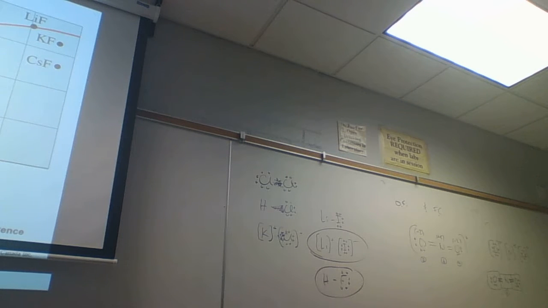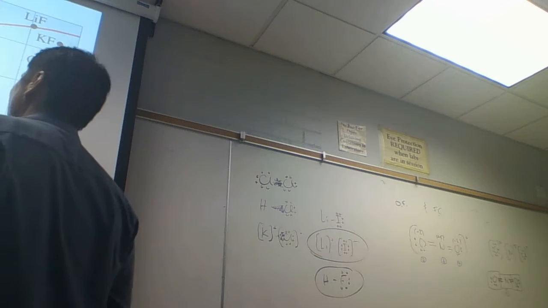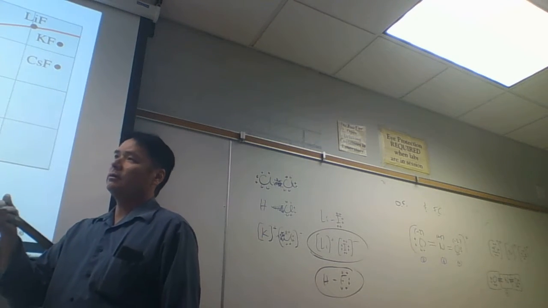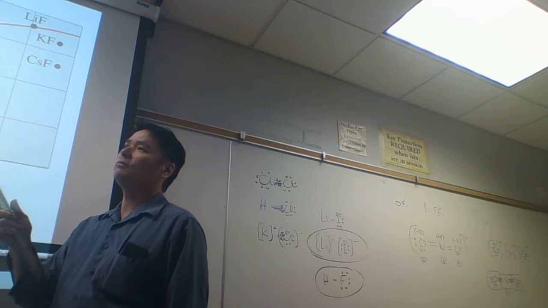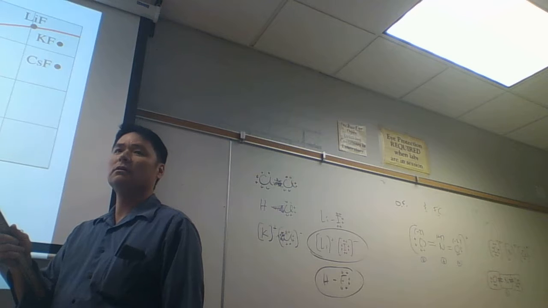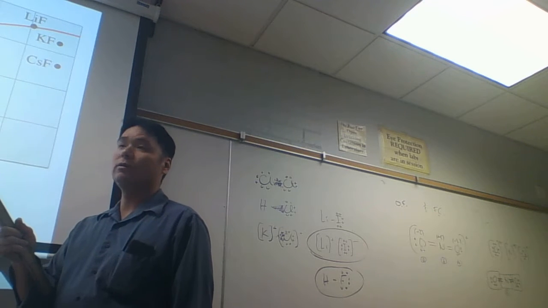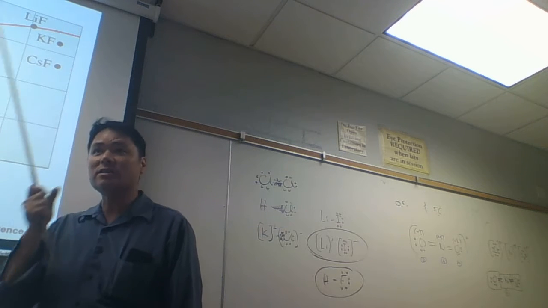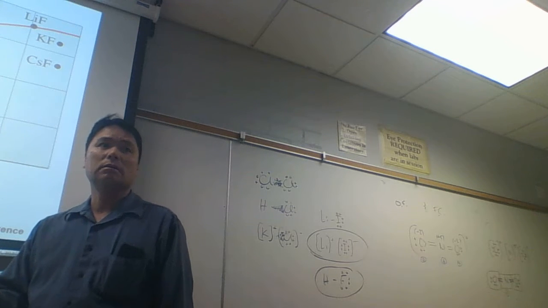I mean, you can see it here. Fluorine's 4. Oxygen's 3.5. Nitrogen is 3.0 actually. And so the delta EN is 0.5.